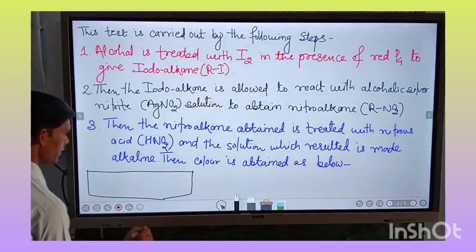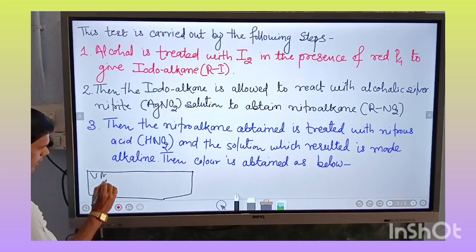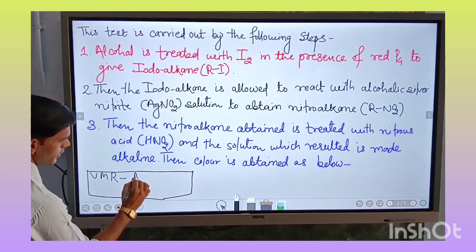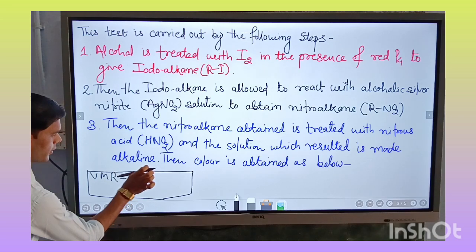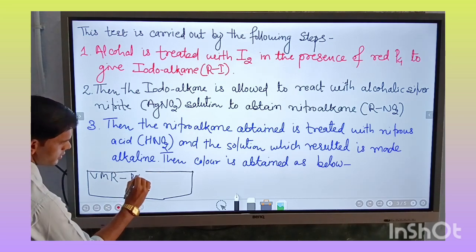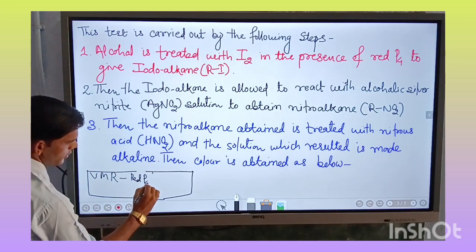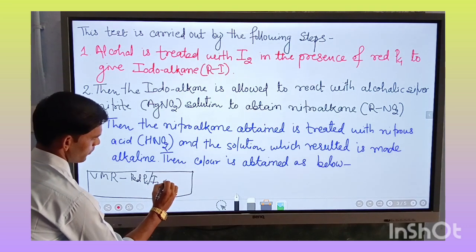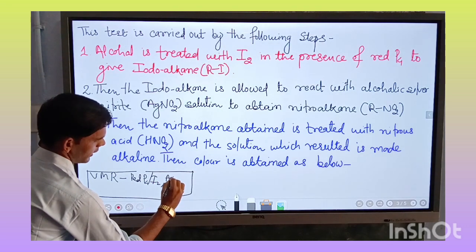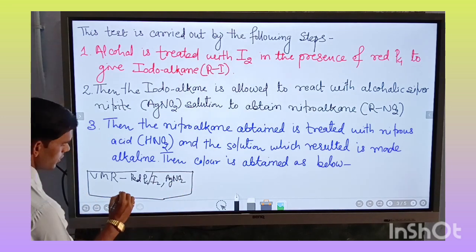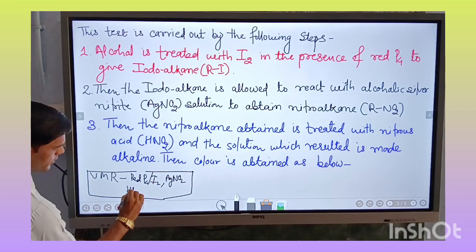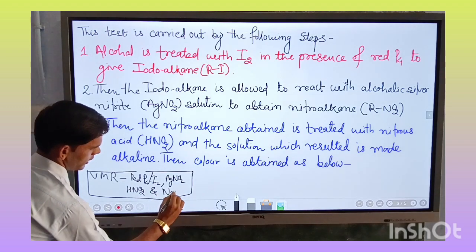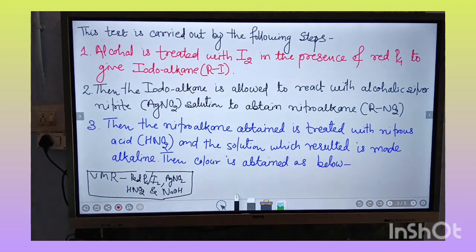Victor Meyer reagent is red phosphorus, iodine, silver nitrite, nitrous acid, and base NaOH.